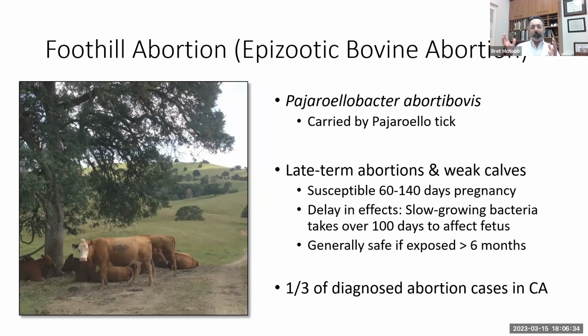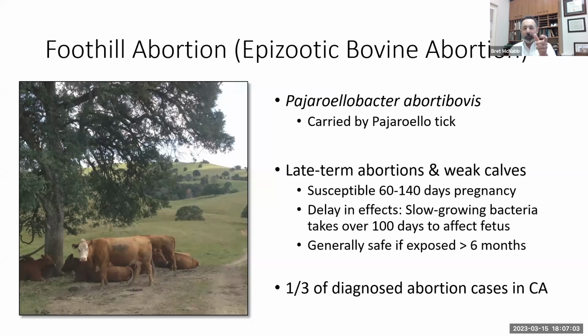So we know that if a cow is exposed before month 6 of pregnancy, there's a good chance that she will abort in the last month of pregnancy because of foothill abortion, if she's never seen it before. If the cow is exposed after month 6 of gestation, there's a good chance that she will be able to carry that calf to term and calve because the bacteria wouldn't have had enough time to cause any effects.